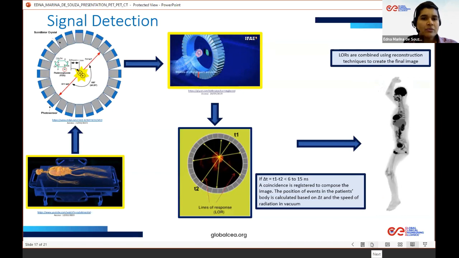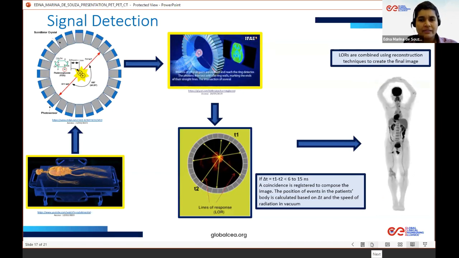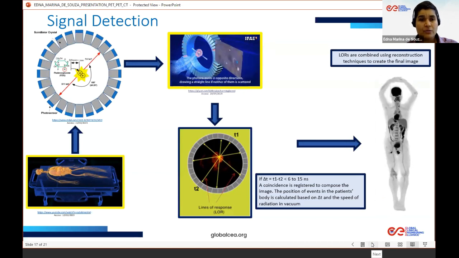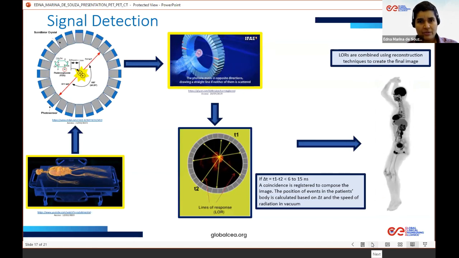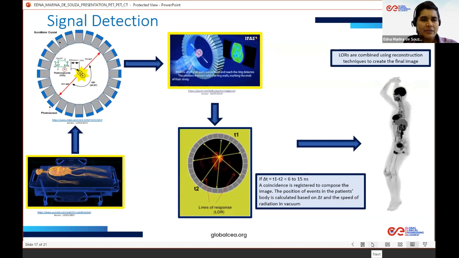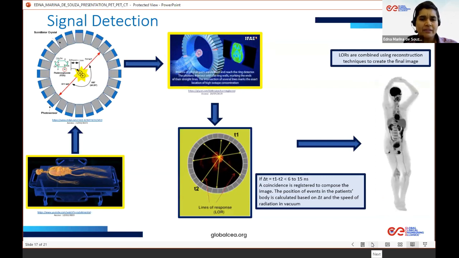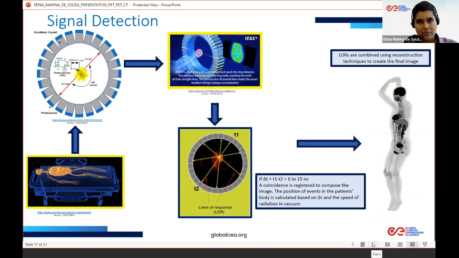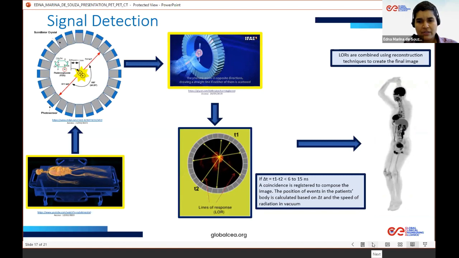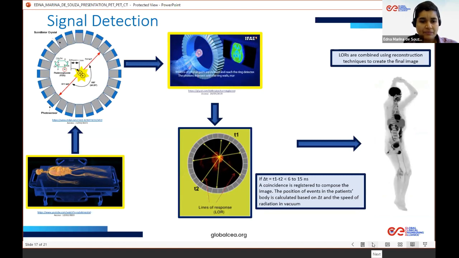And to be considered a coincidence, the difference between arrival time of gammas to the opposite detectors in the gantry must be about 6 to 15 nanoseconds, for example, just to give you an example of a time range to consider a temporal coincidence.